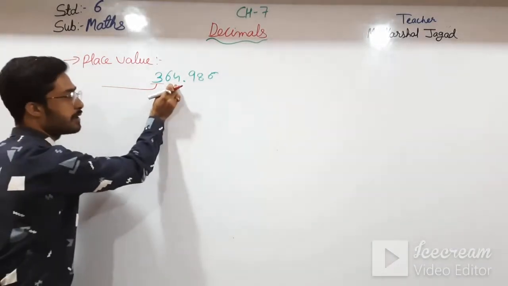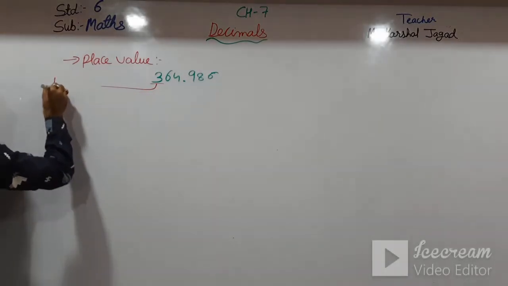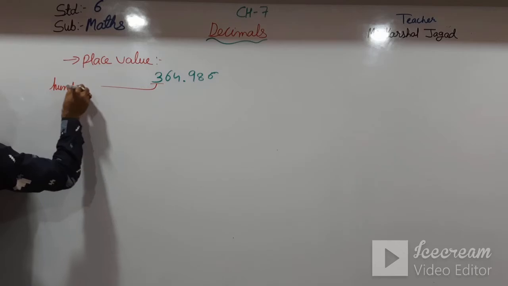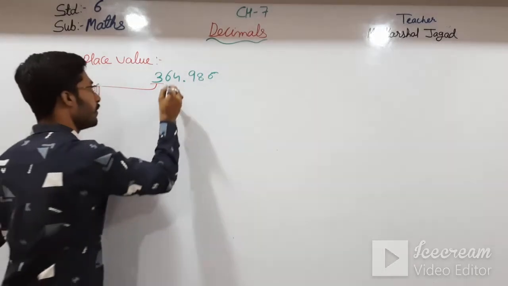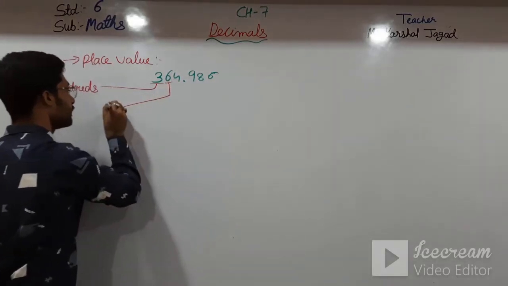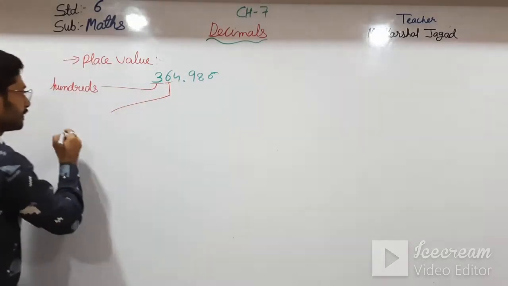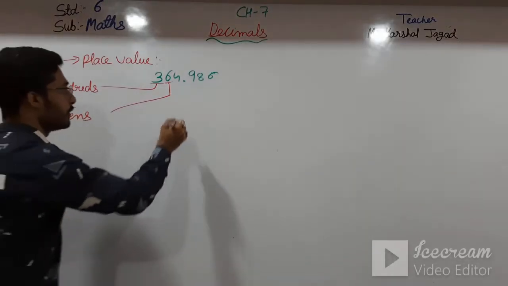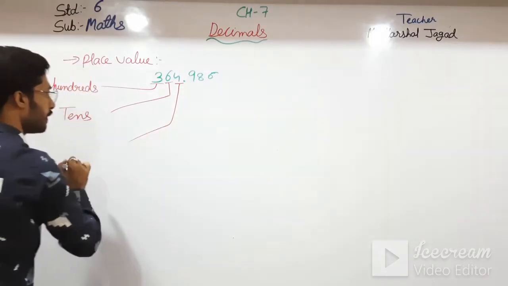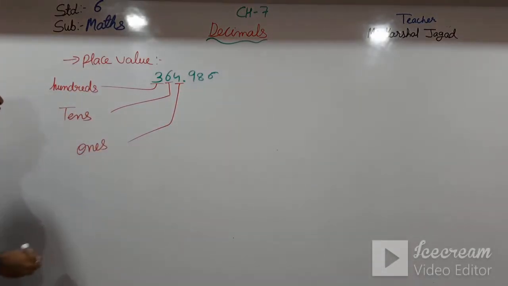Why? Because here are ones, tens and hundreds. Okay, then we know the place value of 6, that is tens, and we know the place value of 4, that is ones. Okay.